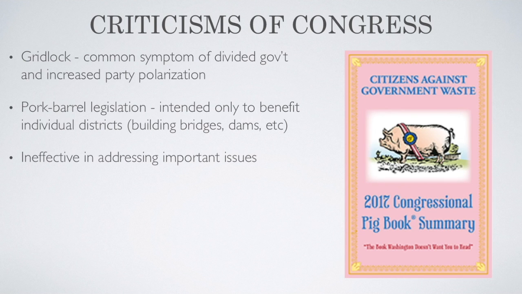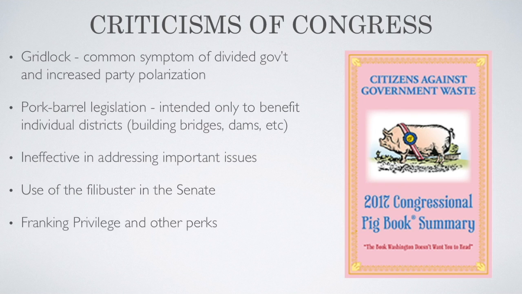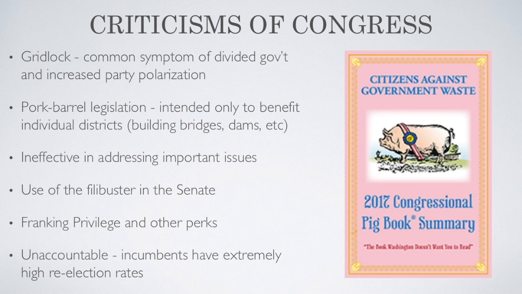Ineffective in addressing important issues. They use a filibuster in the Senate, which we'll talk about later on. That's stalling in the Senate, where they can stall an important bill from being passed by simply talking a lot. The franking privilege and other perks for elected representatives. And unaccountable: incumbents have extremely high reelection rates, so it's hard to get them out of office.